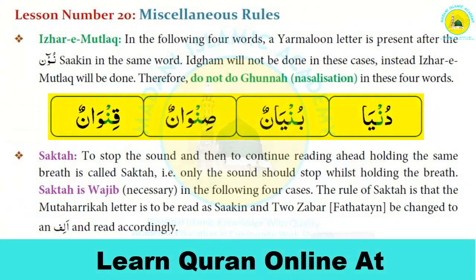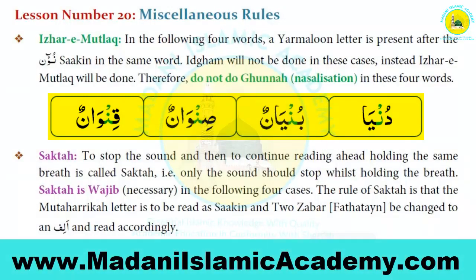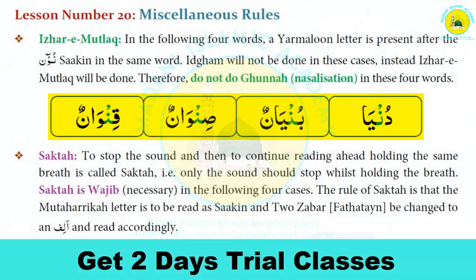So noon sakin there, the ya comes, haruf yarmalun. Noon sakin there, waw comes, haruf yarmalun. But because they all come in the same word, this rule will not be called idgham, but it will be called izhar mutlaq. So what we'll do therefore is not do gunna in these four words.